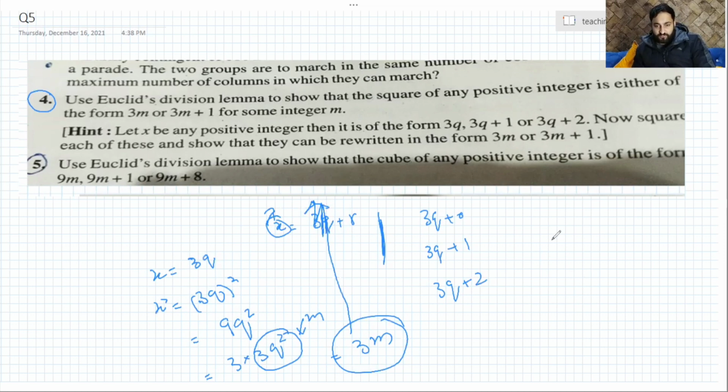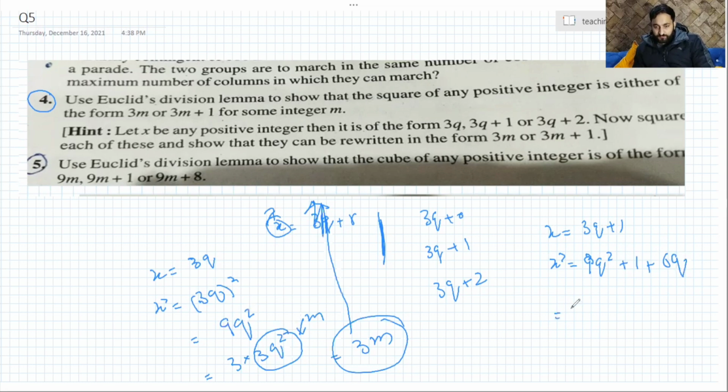Let's go for 3q plus 1. Let x be 3q plus 1. X square is equal to 9q square plus 1 square plus 6q.